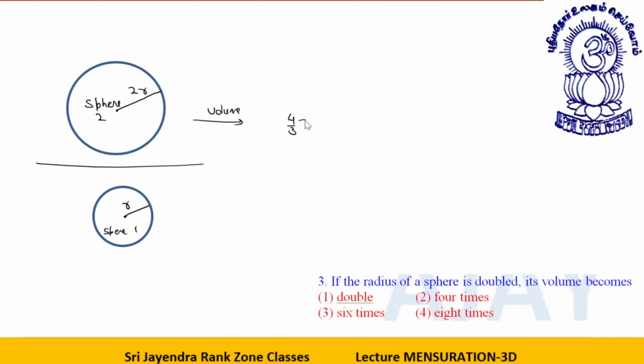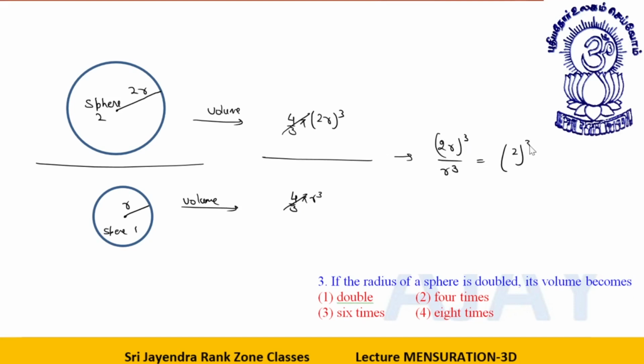Volume will be 4 by 3 pi into 2r cube, divided by the volume over here, which is 4 by 3 pi r cube. The 4 by 3 pi will cancel. This gives you 2r cube upon r cube, or I can say 2 cube, that is 8. Therefore the volume becomes 8 times. Okay dear students, clear?